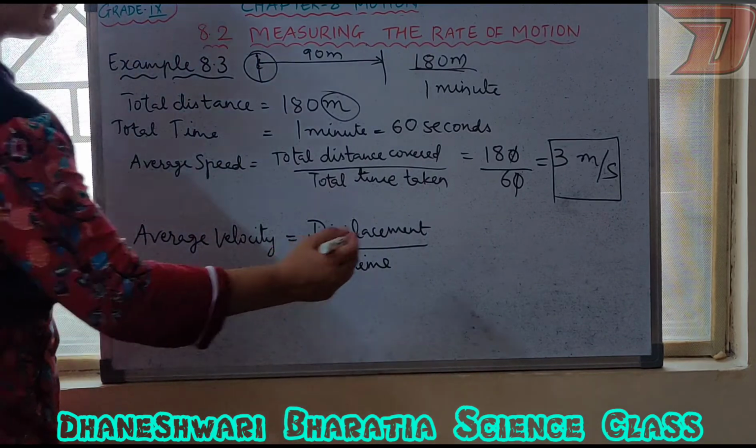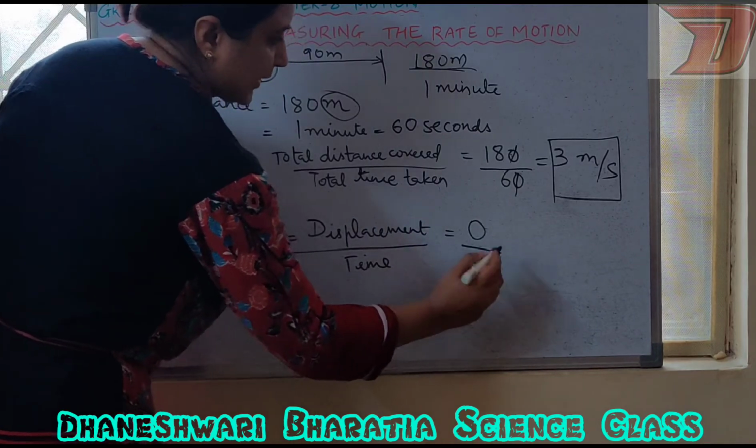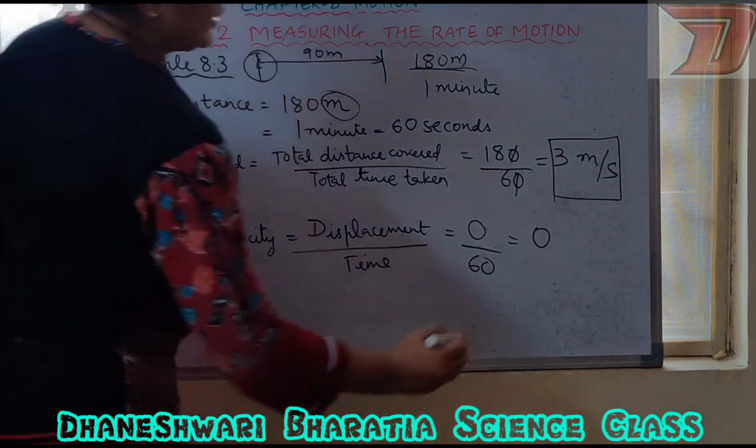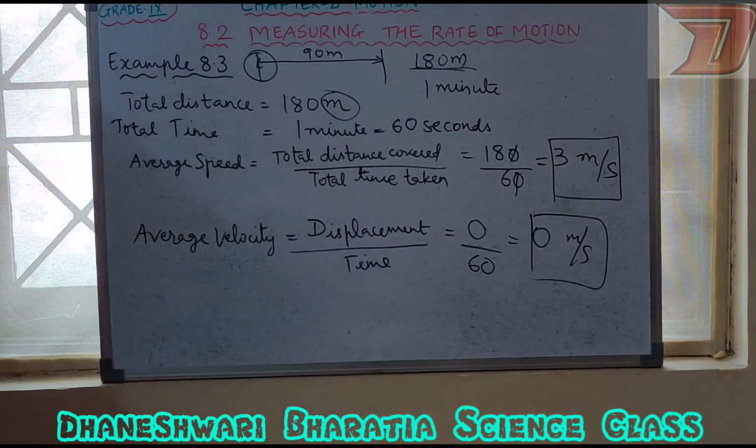So here the displacement will be 0 meter and the time will be of course 60 seconds. So 0 by 60 is 0. Am I clear? And it will be 0 meter per second. So the average velocity of Usha is 0 meter per second and her average speed is 3 meter per second.